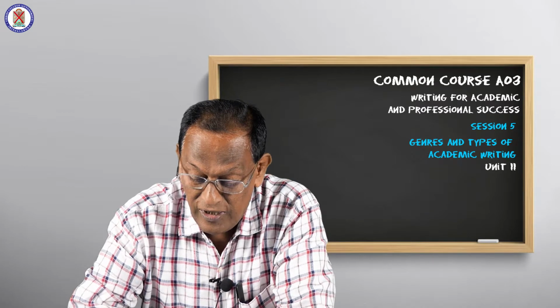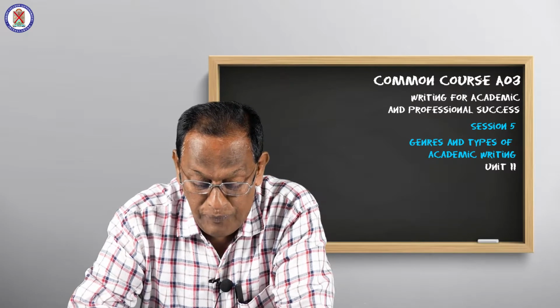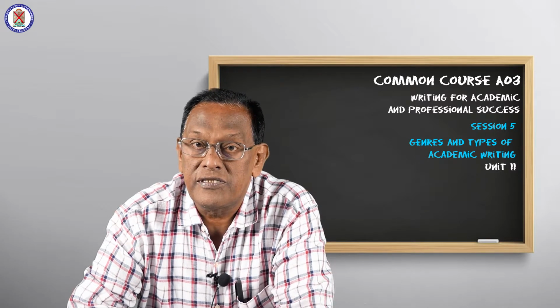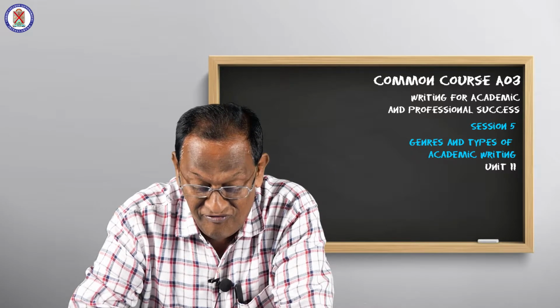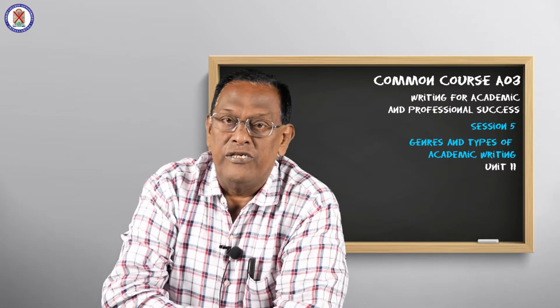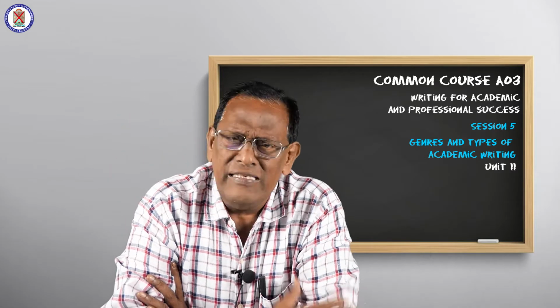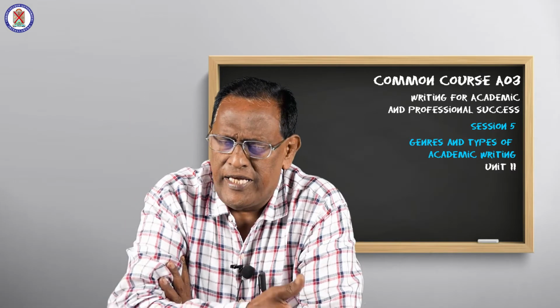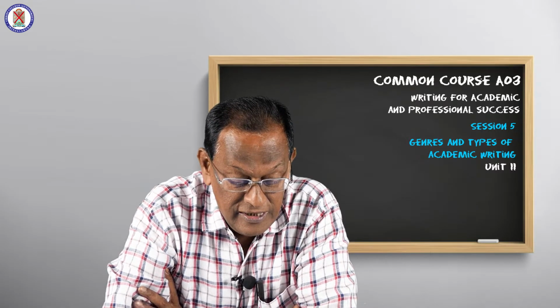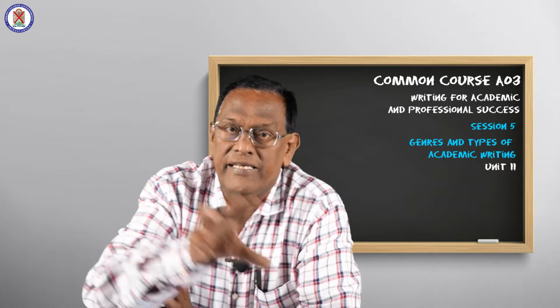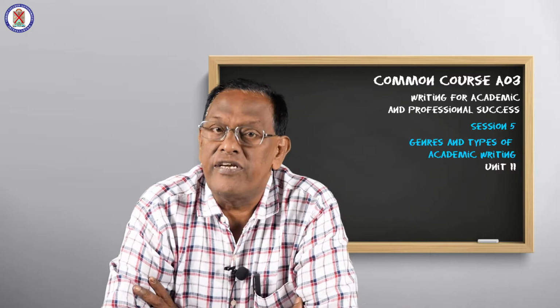A list of some most popular rhetorical modes and their main function is given in your text, which is worth reading, for things which you already know, which I have already explained to you. First one is the rhetorical mode and the key function. First one is narration.